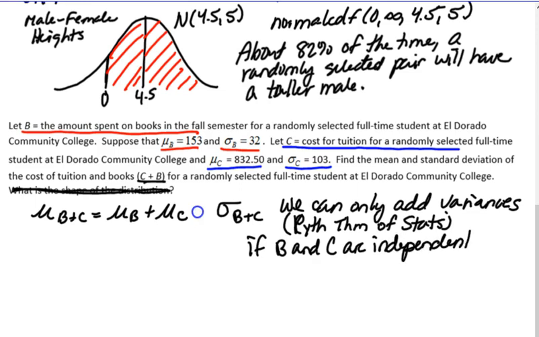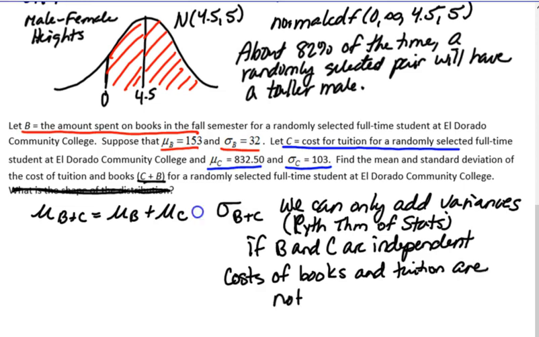However, in this situation, cost of books and tuition are not independent, because a person who takes more classes is going to pay more tuition, and they're also going to pay more for books. So if tuition is higher, then that will affect the cost of the books and vice versa. So cost of books and tuition are not independent. So for the purpose of this introductory course, you would not be able to do the problem.